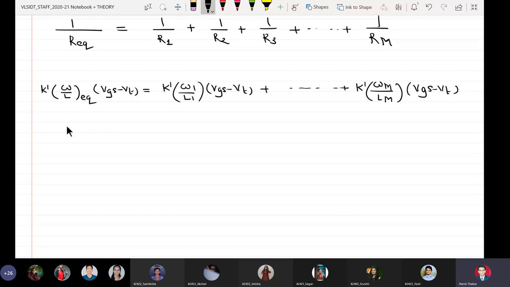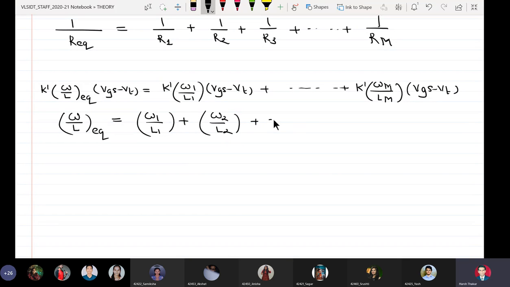So we can say in a parallel connection the equivalent W by L ratio is nothing but the summation of the individual W by L ratios.